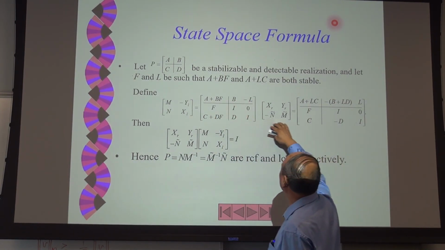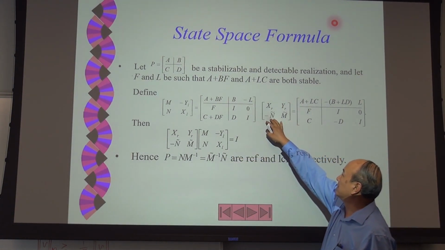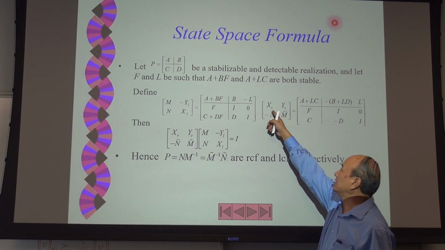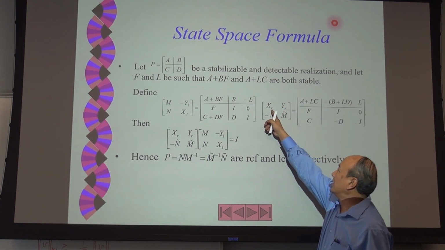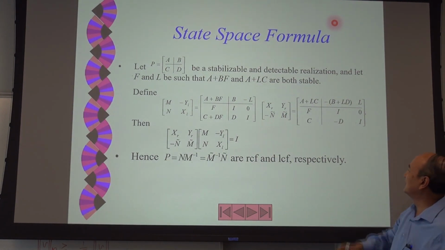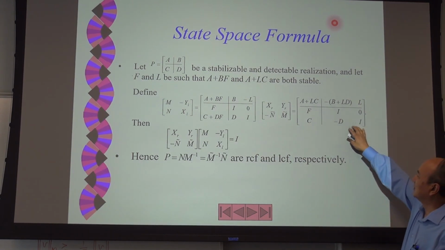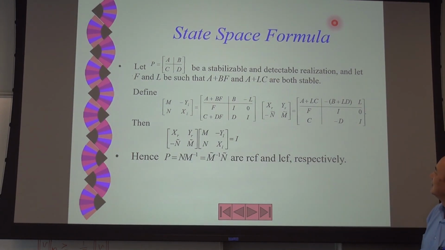Here this is the right and this is the left coprime factorization, and the Bezout identities XR are from R. So R and L look like they are swapped. Overall you have a realization like this.